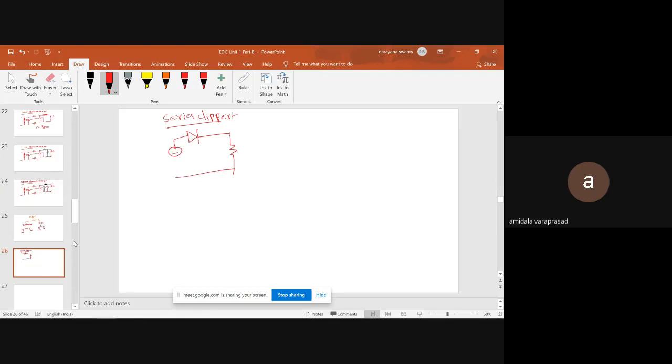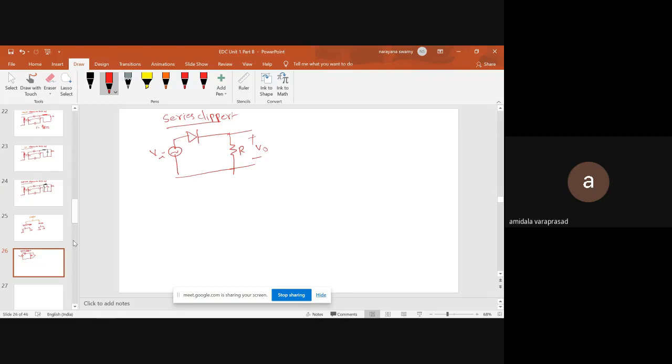And we can take the output across R. See, this is very simple analysis. If they ask, explain series clipper, you can write.